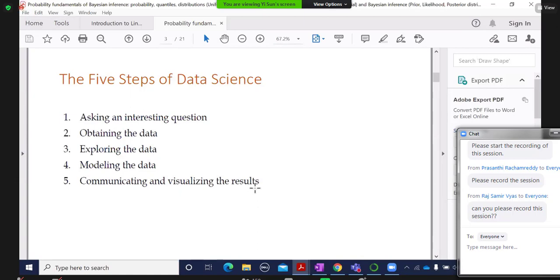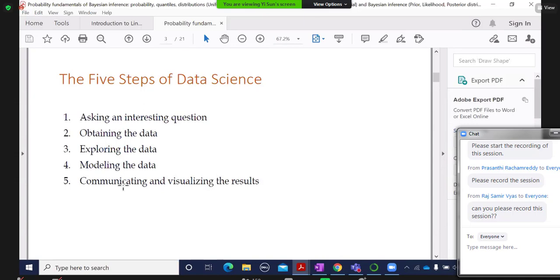One thing I need to emphasize here is that in practice, that is when you do real life applications, you may find yourself working in a loop of 5 steps. It's not something like you start from here and then your ending at here is done.